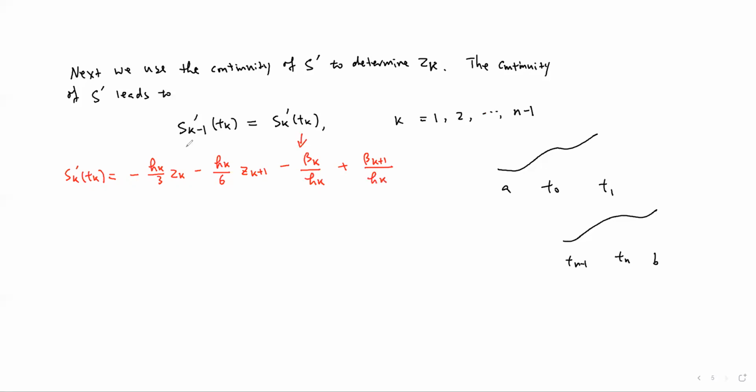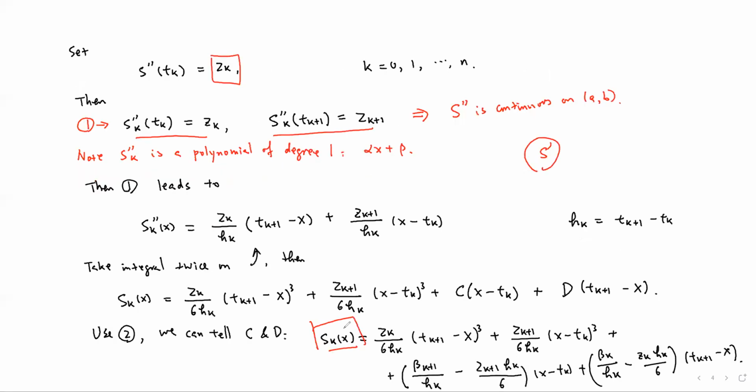Yeah, this guy. Then how about S k minus 1 derivative? In this equation set, replace k by k minus 1. Then we have the expression for S k minus 1. Take derivative and then plug in t k.